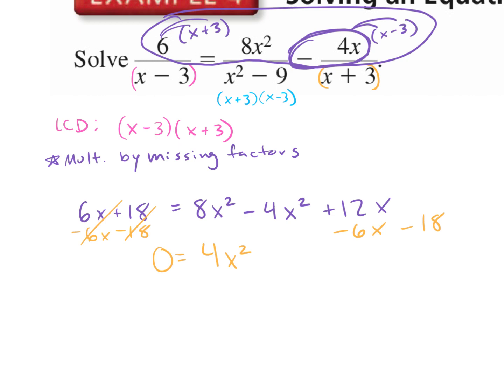So here, 12x minus 6x is 6x minus 18. What can I do next? What's the GCF? 2. So I'm going to divide everything by 2. So we have 0 is equal to 2x squared plus 3x minus 9.